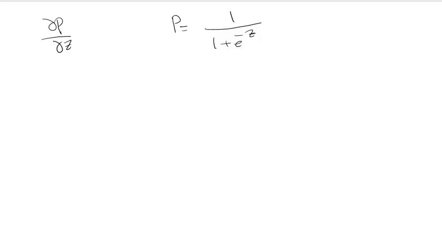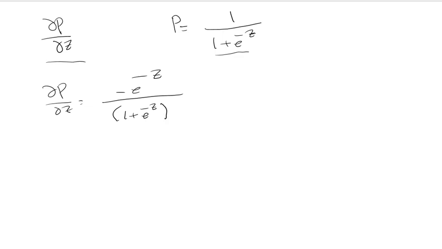We have the derivative of this term, minus e to the minus z, over 1 plus e to the minus z squared. I can add plus 1 and minus 1 to this term.